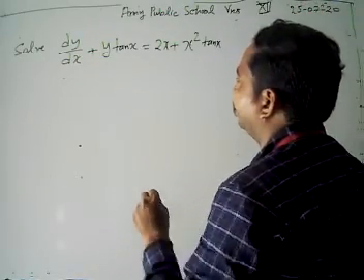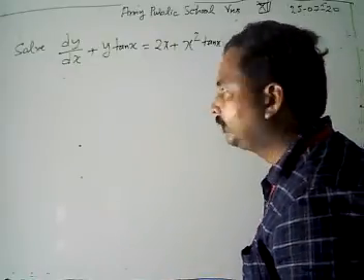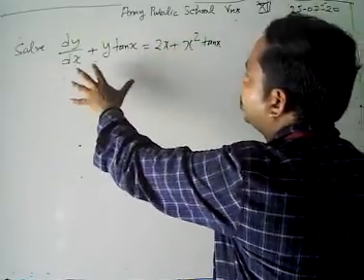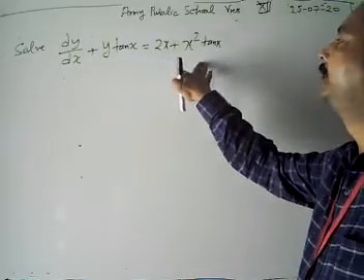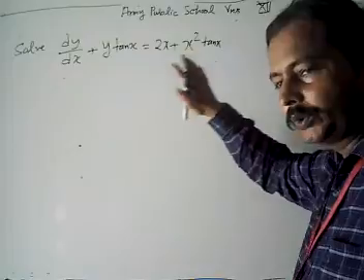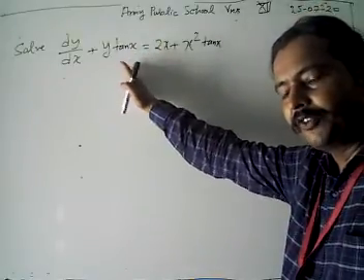Again, we might suppose we can use the variable separable method, since it's 2x plus x square tan x and dx. Obviously it looks like we can apply it, but further we are going to face difficulty.